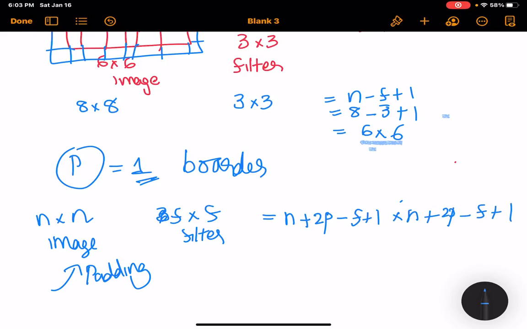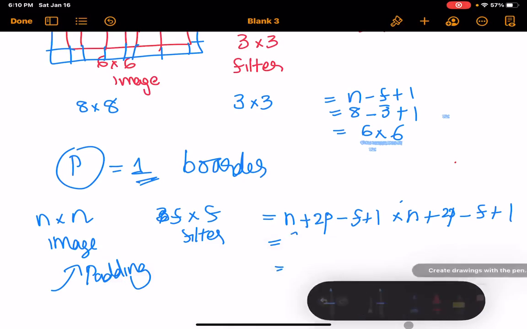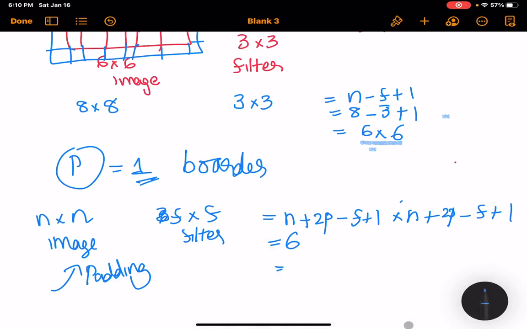For example, in the image example we have considered, n, which is the size of the image, is 6. So 6 plus 2 into the padding size, which was 1, minus f, which was 3, plus 1.